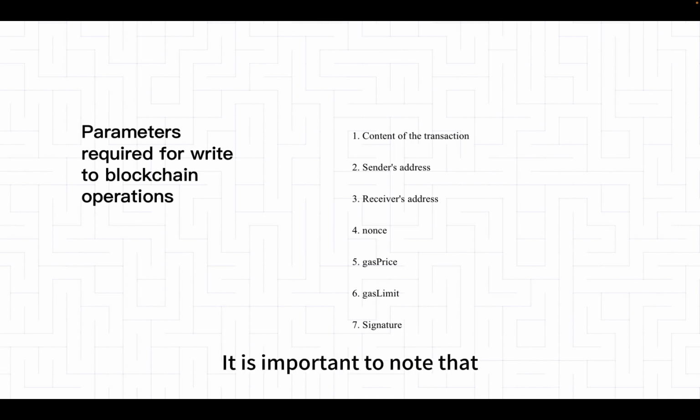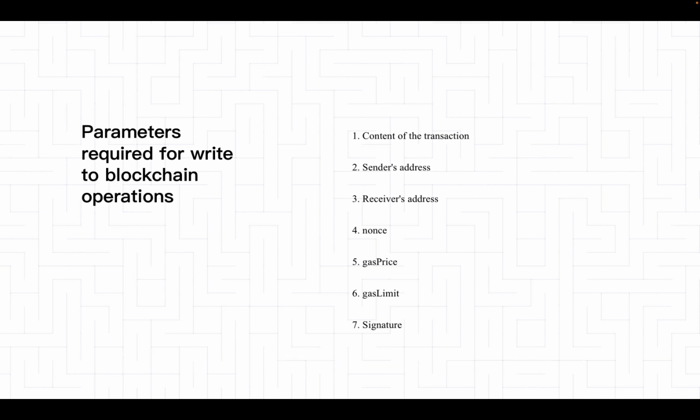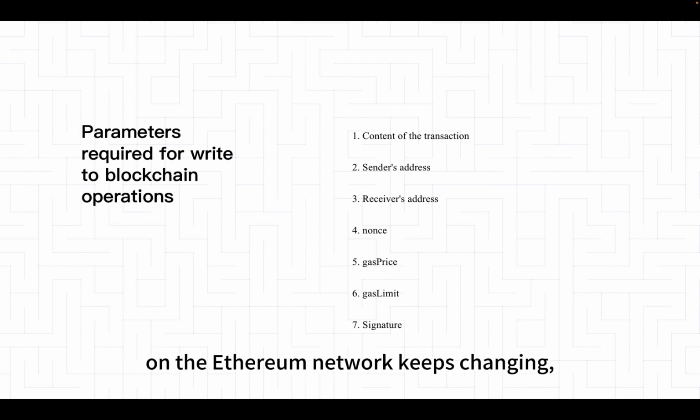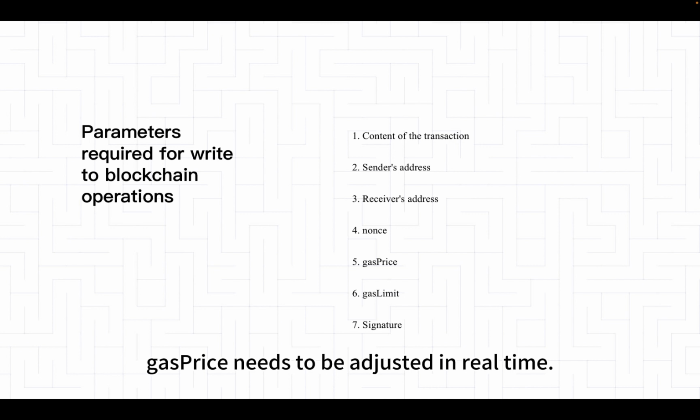It is important to note that different dApps or wallets will preset or suggest different recommended gas price levels based on their own logic and purpose, and as the number of transactions and business on the Ethereum network keeps changing, the appropriate gas price needs to be adjusted in real time.